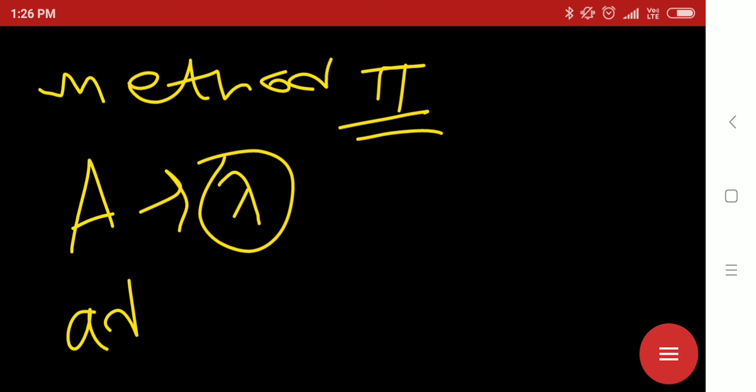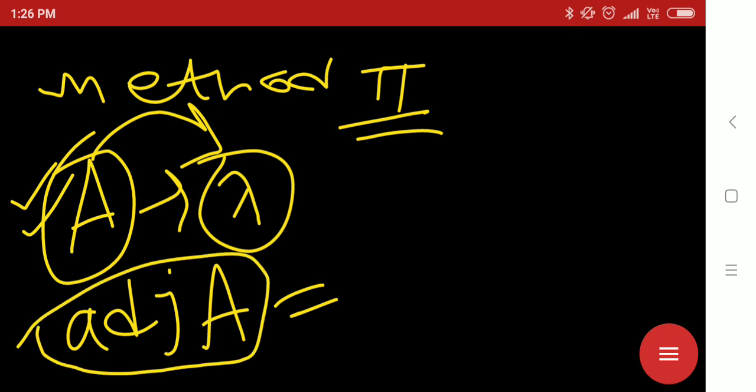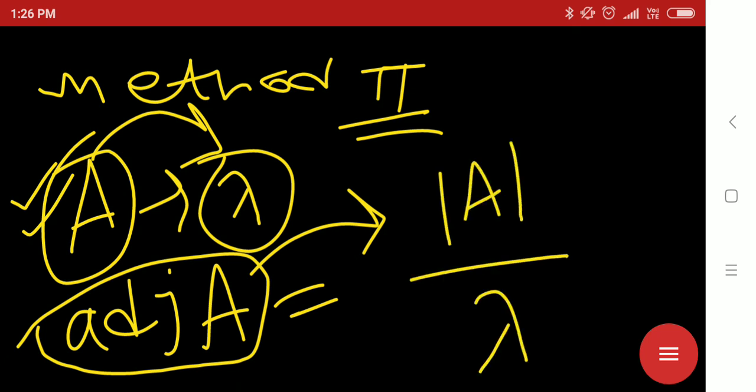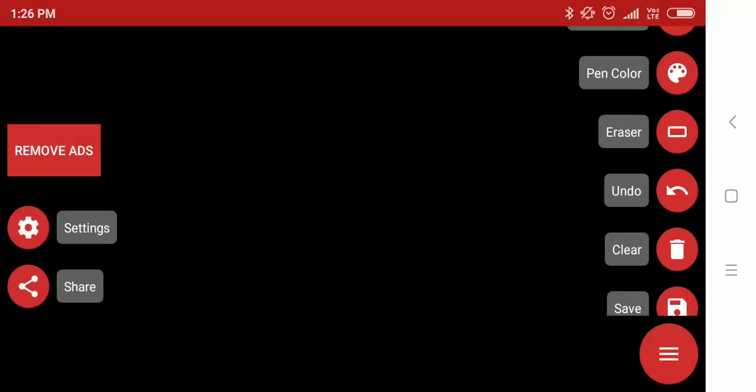So for the adjoint of A, what will be the eigenvalue? Remember this formula. If A is a matrix and its eigenvalue is lambda, now if we take the adjoint of the matrix, then what is the formula? Determinant of A by lambda. This is the formula. Let's discuss this on a fresh page.